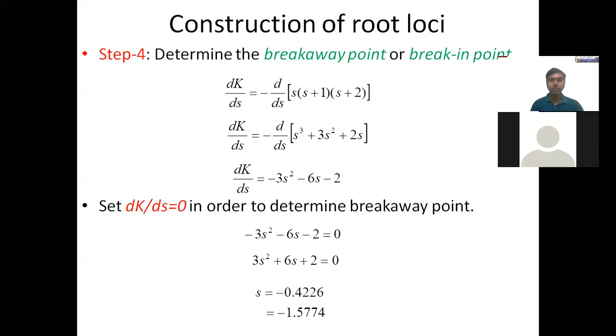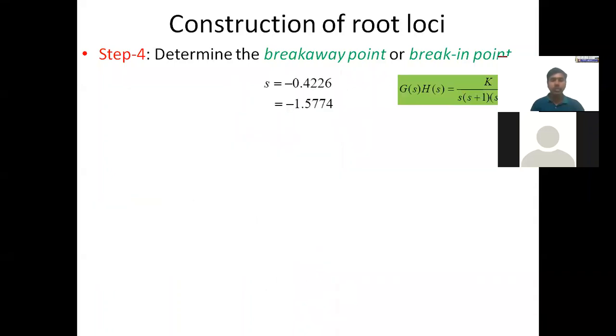We'll get two roots. Of these two roots, compulsorily both may not be breakaway points. Maybe one point is the breakaway or none is the breakaway point. So to test this, we have to verify again against the root locus whether this s point exists in the root locus or not.